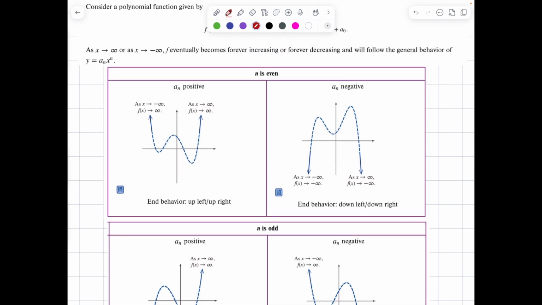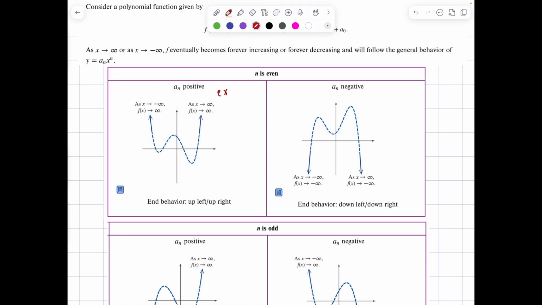And so you can see here, if n is even, that means the power of your polynomial is even, so if it's to the second, to the fourth, to the sixth, etc. It's going to have this end behavior if the top coefficient, the first coefficient, is positive.